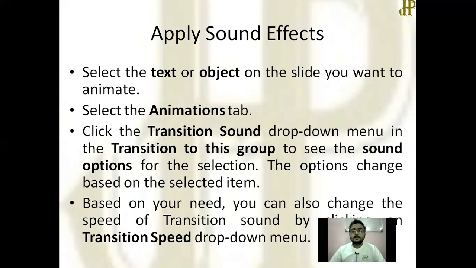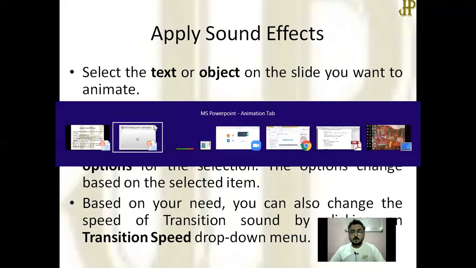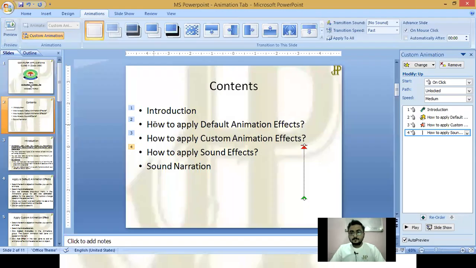After that, click the transition sound drop down menu in the transition to this group to see the sound options for the selection. Based on your need, you can also change the speed of transition by using the transition speed drop down menu. Here are the options you will see in the animation tab on the right hand side, transition sound and transition speed.